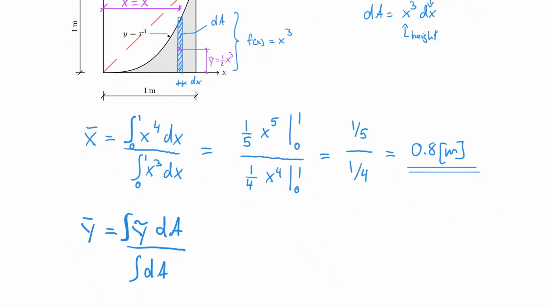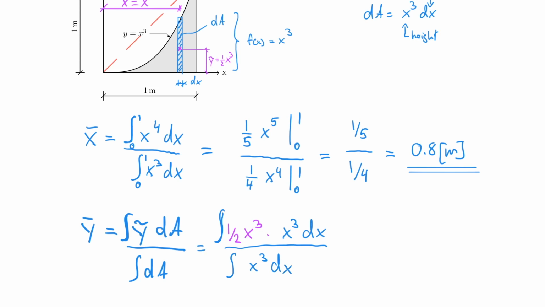And now the rest I can do as before. So I have 1/2 x to the 3 times dA, which, remember, was nothing else than x to the 3 dx. And my area does not change, right? That's also important to understand: the area, of course, cannot change, so it still remains x to the 3 dx.